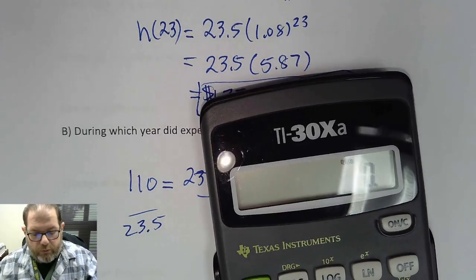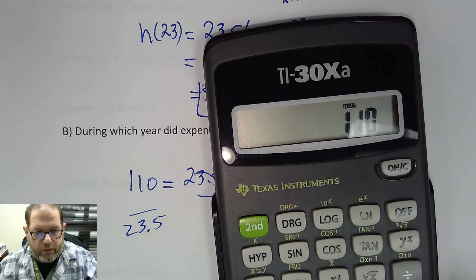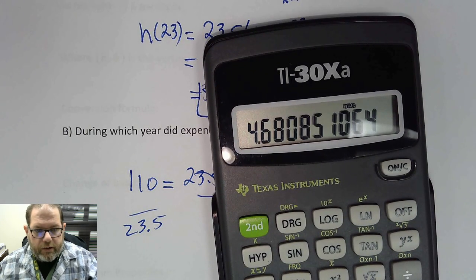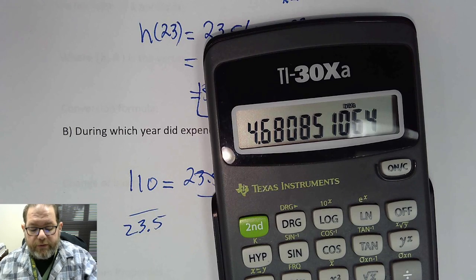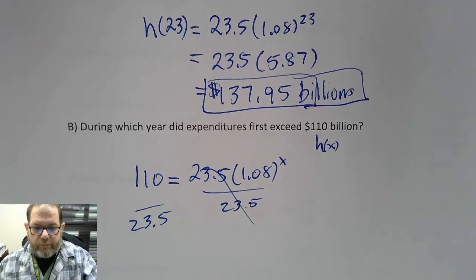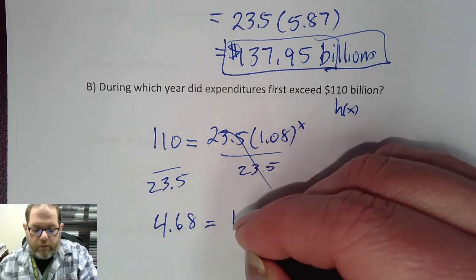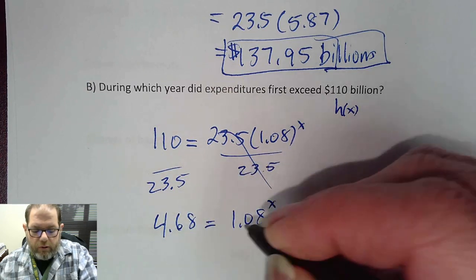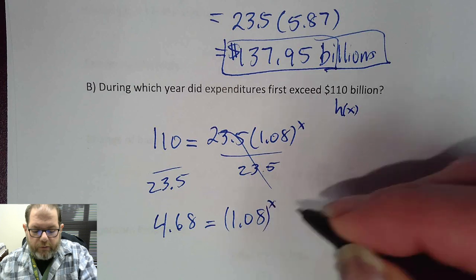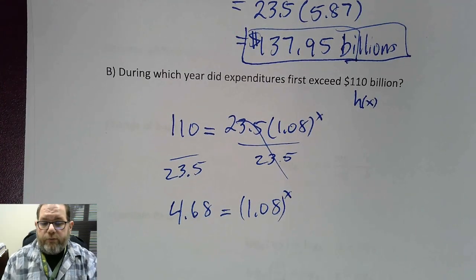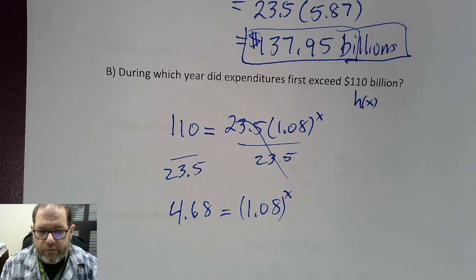So taking 110 divided by 23.5, looks like it's about 4.68. Okay, so here's where we are. We have 4.68 equals 1.08 to the x.